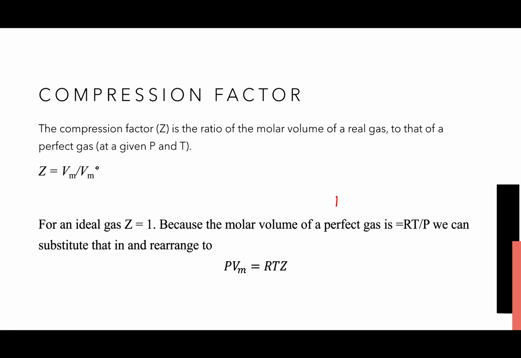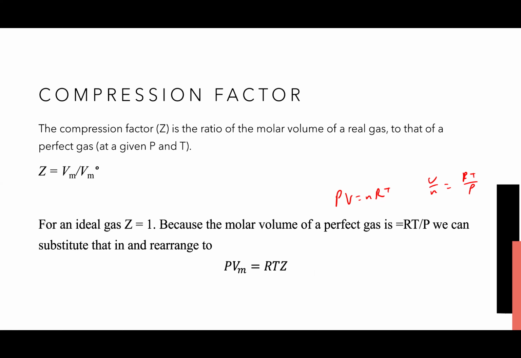That's just a rearrangement of PV equals nRT. We just rearrange that to V over n equals RT over P. Or in this case, P times the molar volume equals RTZ.